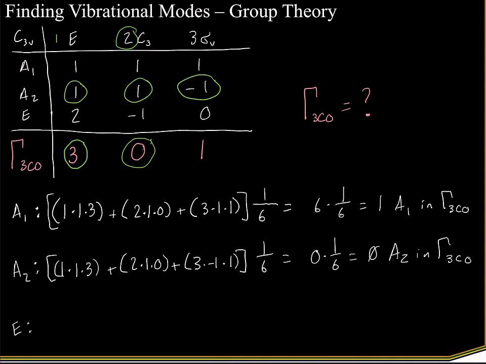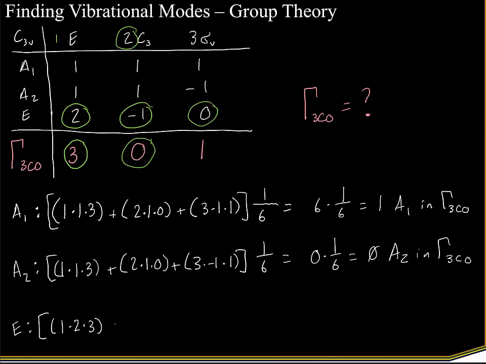So let's check out our final irreducible representation here. So this is going to be E. So let's test to see how many E's are contained. And so that means that we again have our nice brackets. We have now 1 times 2 times 3 plus 2 times -1 times 0. That's a -1.